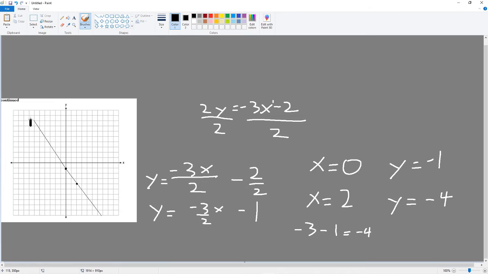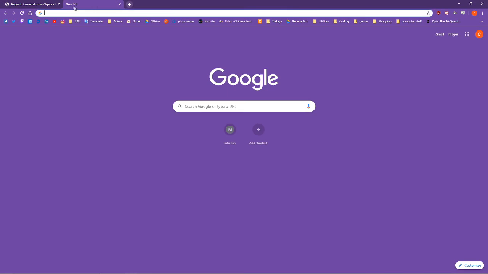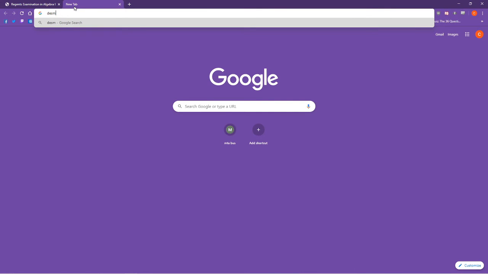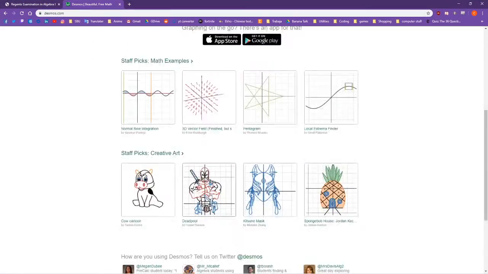Include arrows. All right, so remember this is 2 comma negative 4, and this is 0 comma negative 1. And if you really want, you can check this with a Desmos graphing calculator.